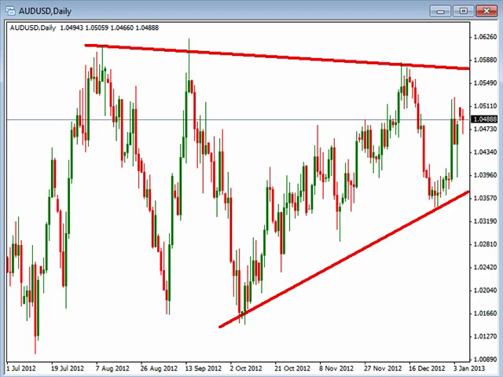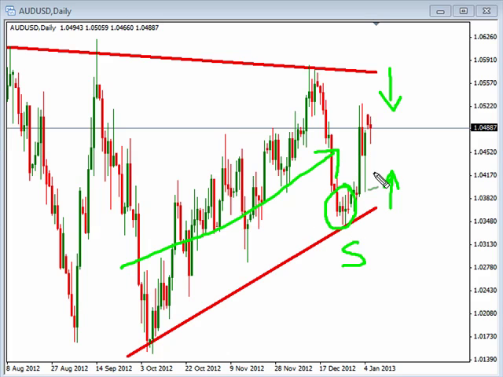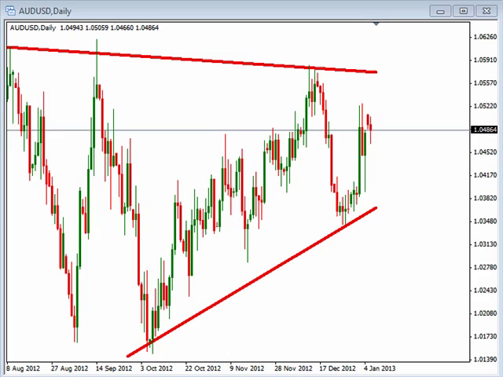Now, as we go forward here, we can look at trading as it comes down from resistance or up off of support. In this case, if we added a moving average, we're probably going to see the moving averages going up, and so we'd be looking for these areas here as it comes up off support for the simple trading method. So this is one that we can trade within that triangle because it is a fairly wide triangle.